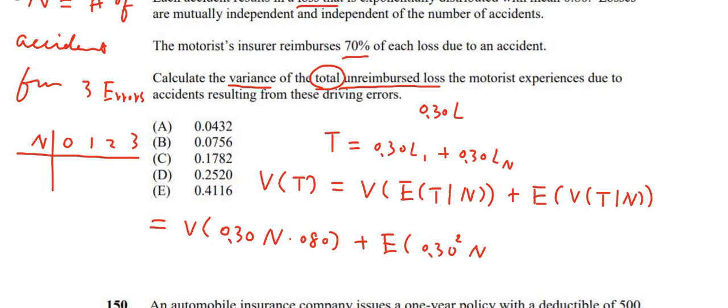Let's say VT is the variance of the 0.30 L. So for L, the loss variance is 0.80 square.